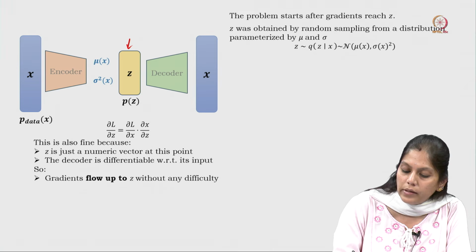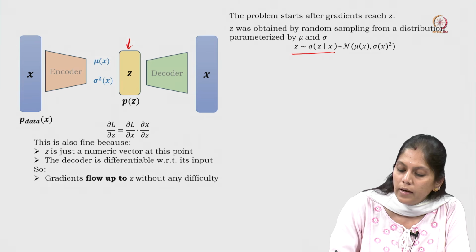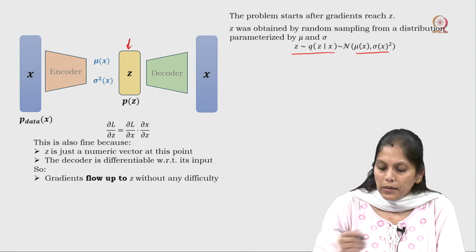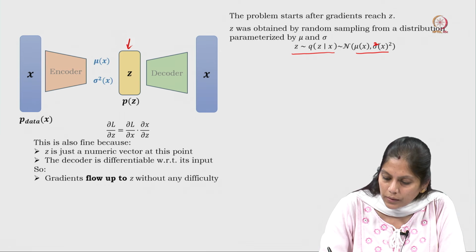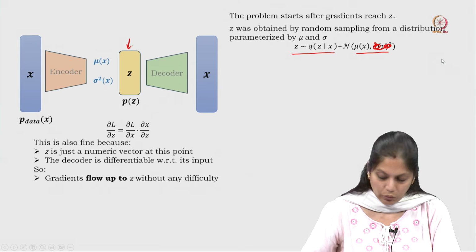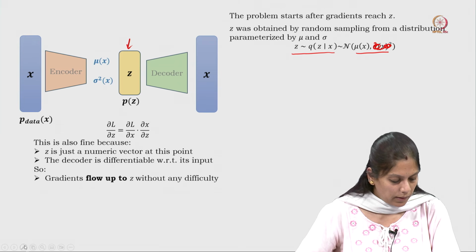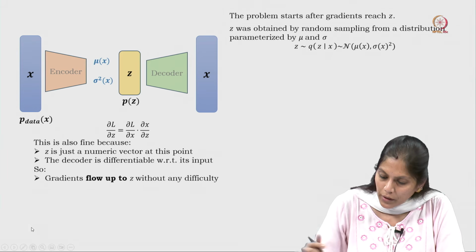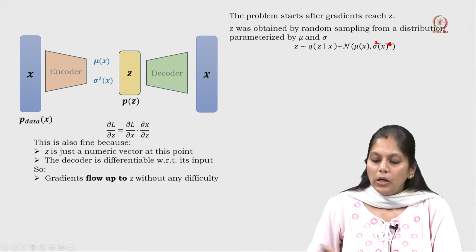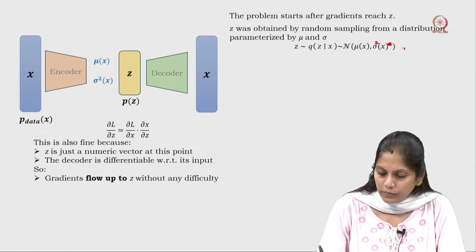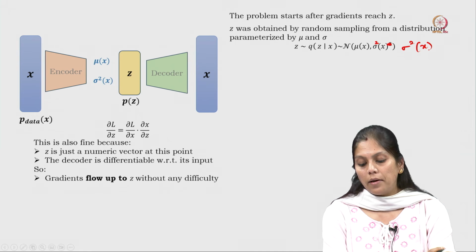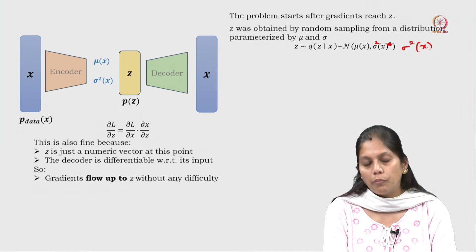So, you have Z sampled from this, which has the parameters mu and variance squared. Let me erase, there is an error in the representation. So, it is variance squared. Yeah, so Z is sampled from this particular distribution.